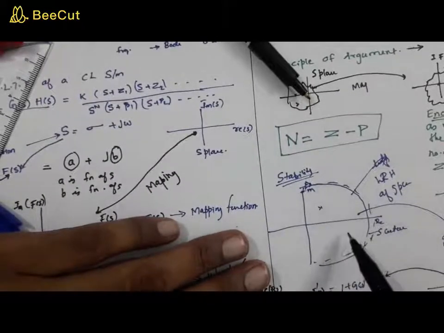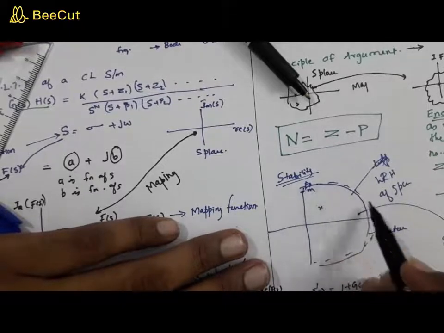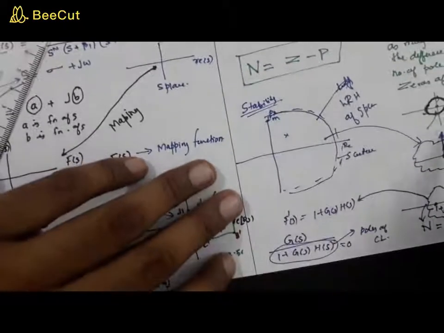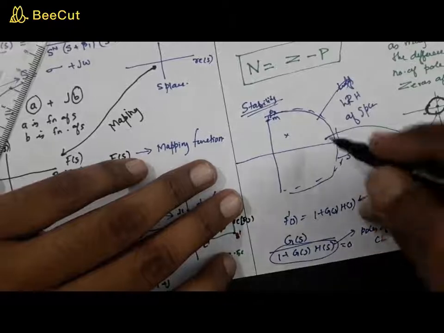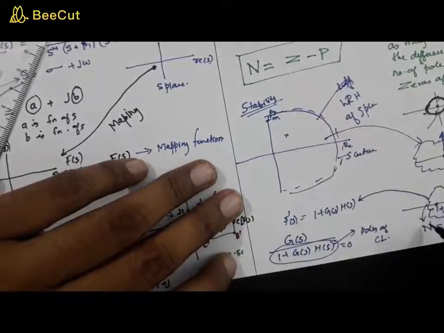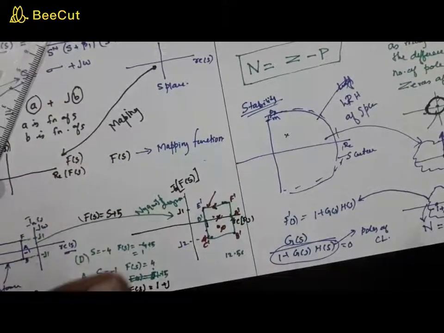Why P plus? Because what I want to know is whether this right half encloses any of the poles or zeros of this G(s)H(s). So that is the only point that makes instability. That is the point of concern. So that's it. You will get the number of encirclements from the given mapping. So you don't have to worry how you will be mapping. I will be explaining how to map and all those things.